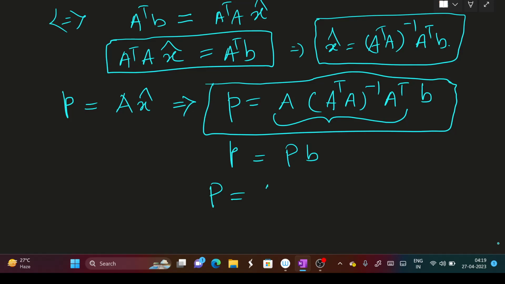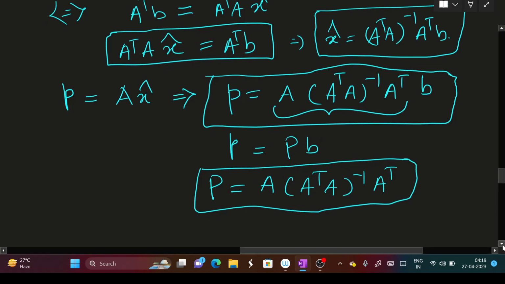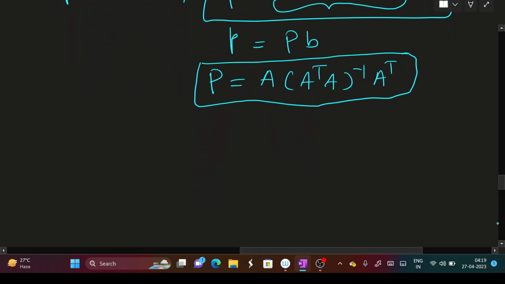It is this part, that is A times A transpose A whole inverse A transpose. So this is the projection matrix. Now if you multiply any vector B with P, we will get the projection of B onto the column space of A. So this is my P.